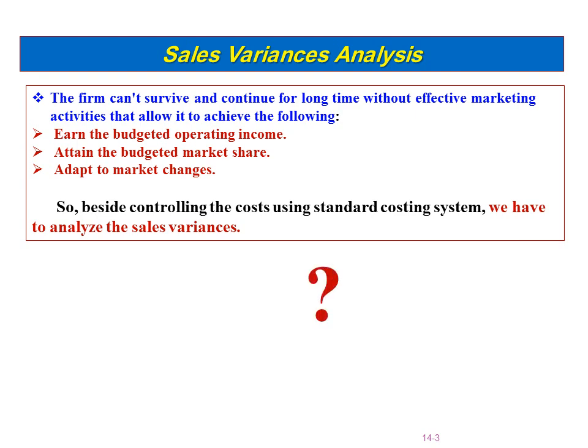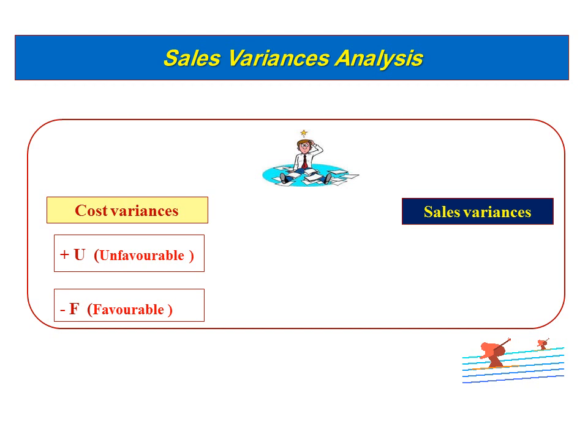Firstly, you have to keep in your mind that when we calculate variances, any variance, the main equation of any variance is actual minus standard, or actual minus budgeted. When I speak about cost, if actual is more than standard for cost, we say it's unfavorable, because the increase of actual cost means indirectly a decrease in income.